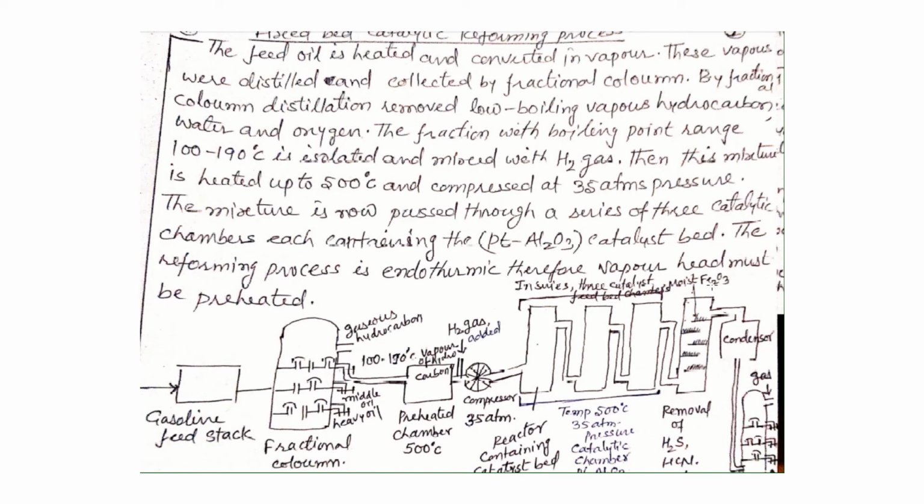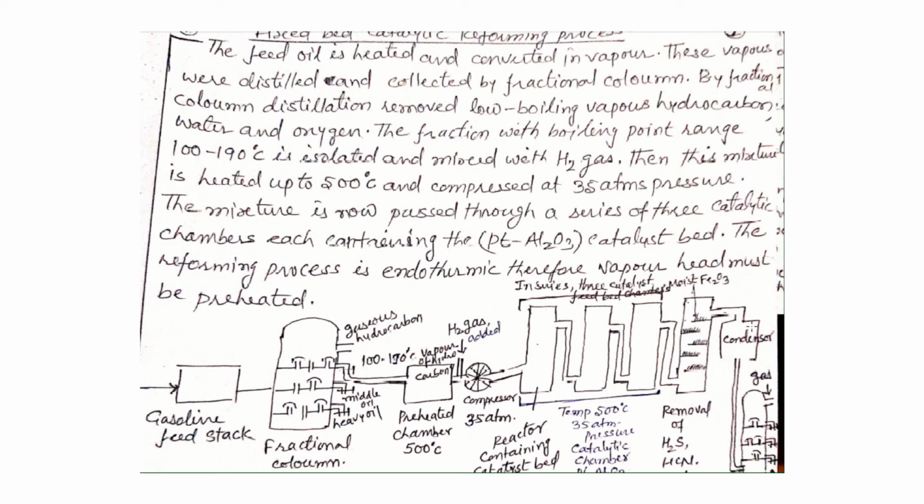To remove them we keep moist Fe2O3 on the plates in this removal column, so that Fe2O3 reacts with H2S and HCl and forms Fe2S3, which on burning at higher temperature in the presence of oxygen gives back the oxide plus sulfur oxides, which can be trapped in water.